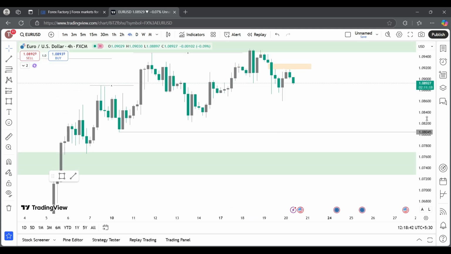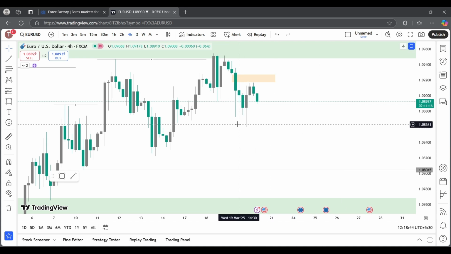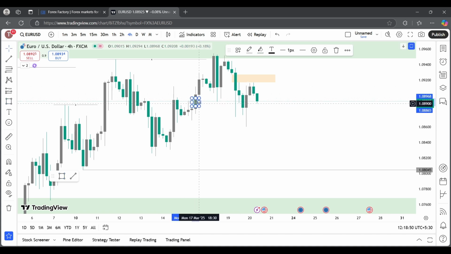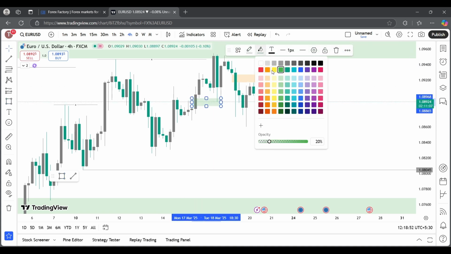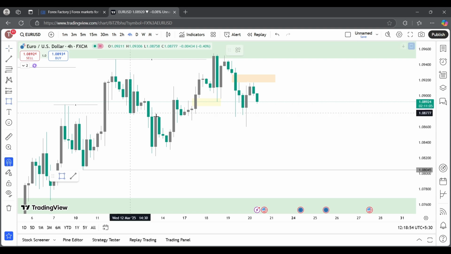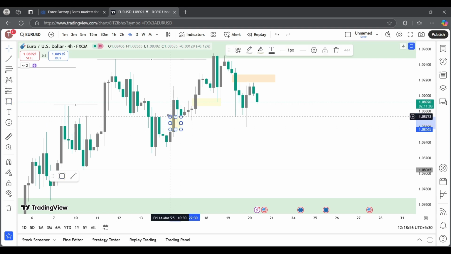As we move into the 4 hours, what we can see is that each and every FVG is mitigated by the market now. Let's mark it here. This FVG is mitigated. This FVG is also mitigated by the market.